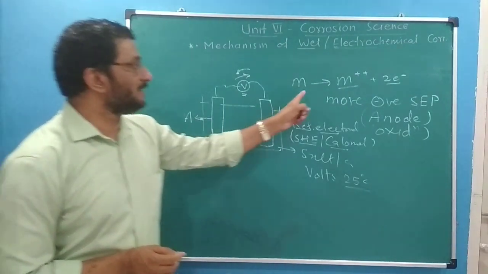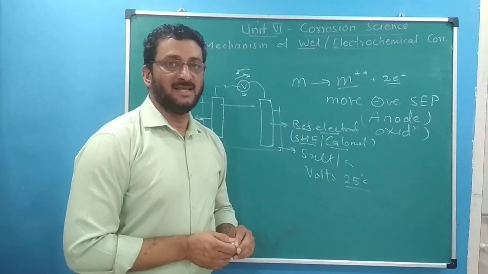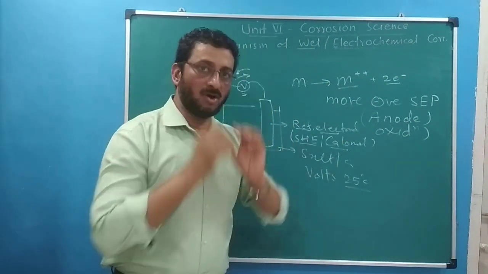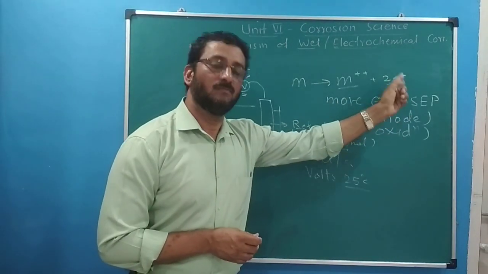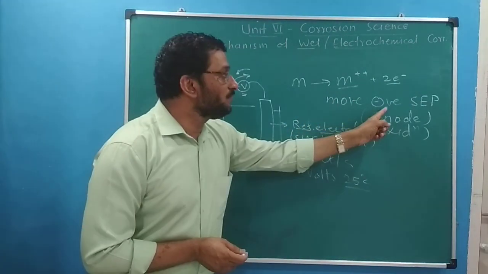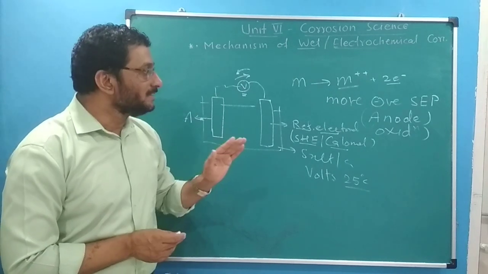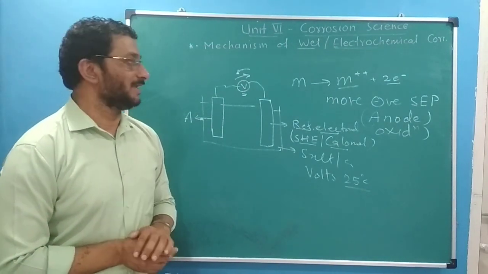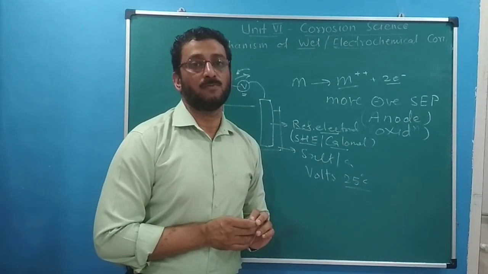The more the tendency of the metal to undergo this reaction, the more ions get released, the more electrons are formed, the more negative will be the value of standard electrode potential, and the more is the tendency of the metal to work as the anode part of the cell.